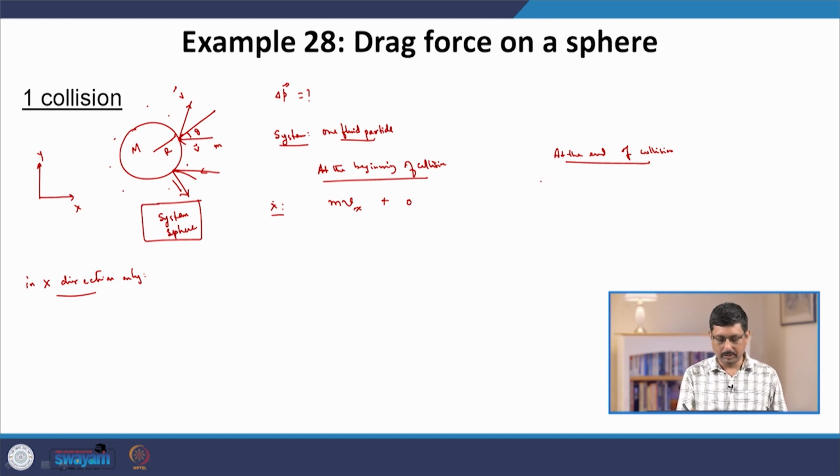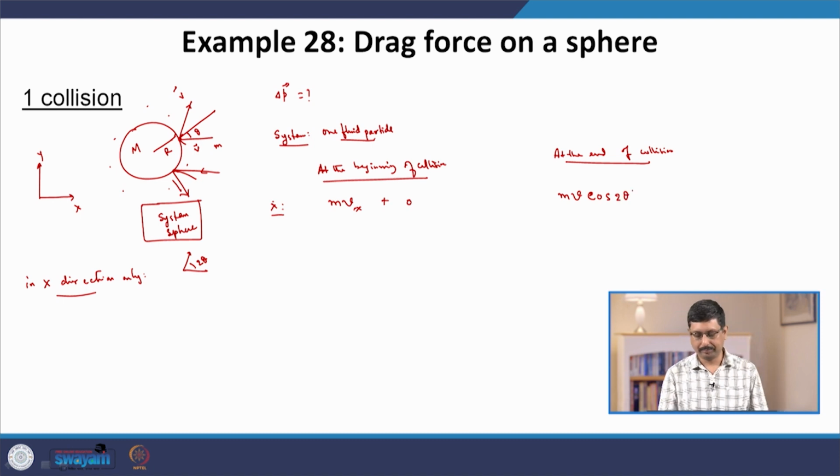At the end of the collision, the fluid particle rebounds in this direction. So, the angle with the x axis is 2 theta. Then the x component of the rebound velocity is v cos 2 theta.